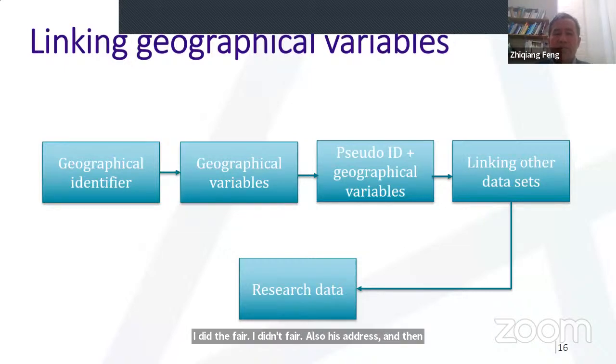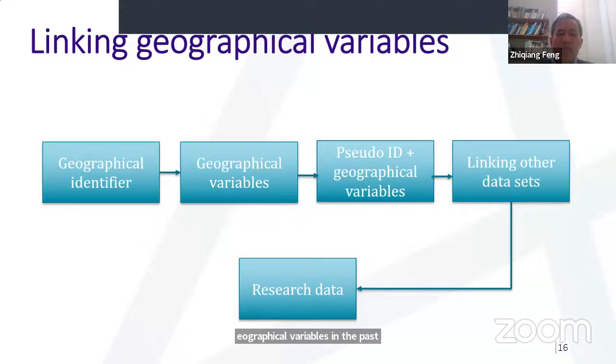But right now, the practice has changed because detailed fine-scale addresses are not allowed to be accessed by researchers. So a third party will carry out the linking of geographical variables for researchers. So in this case, for example, researchers may create geographical variables and pass them to the third party.